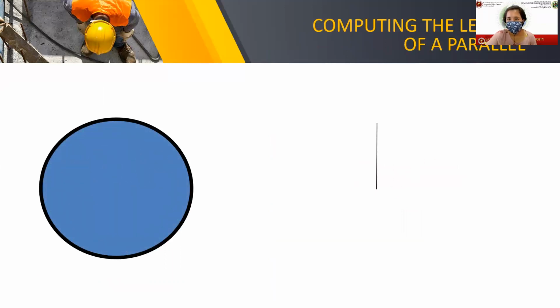So the next topic will be computing the length of a parallel. So what is a parallel? If you can see a globe or the surface of the Earth, which we assume to be a sphere. So in the illustration, this is the top view of the surface of the Earth.